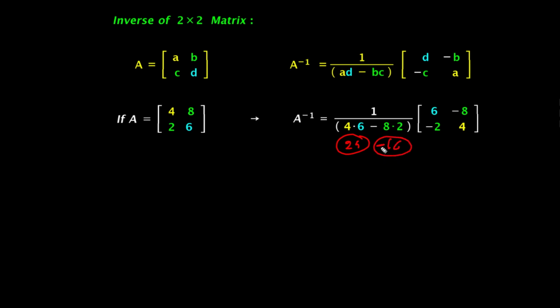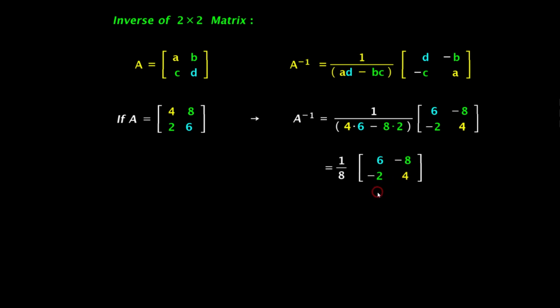So 1 over 24 minus 16 is 1 over 8. So we simplified that part as 1 over 8. Copy the matrix the way it is. Now we have the numbers 6, 8, 2, 4.